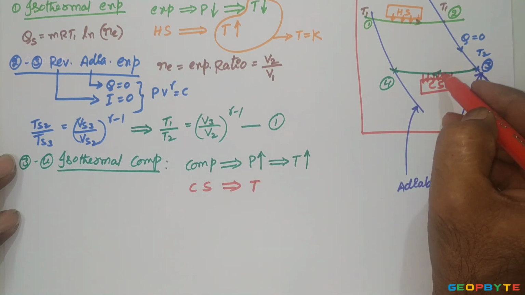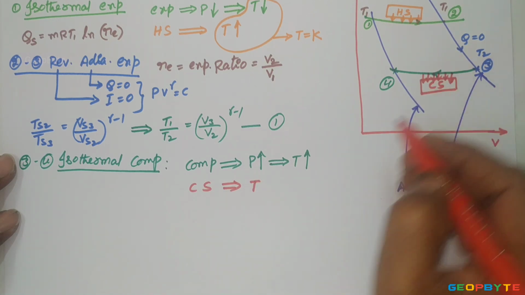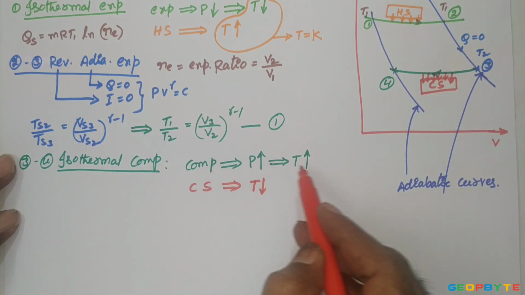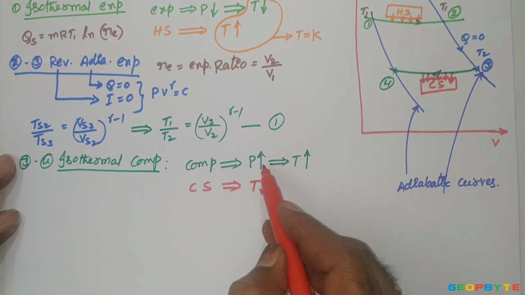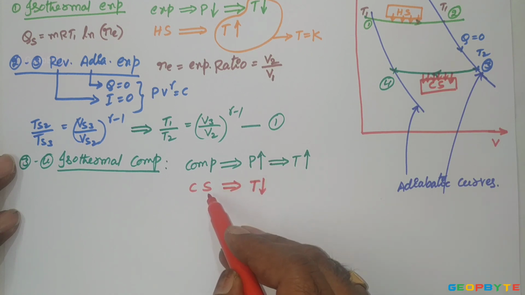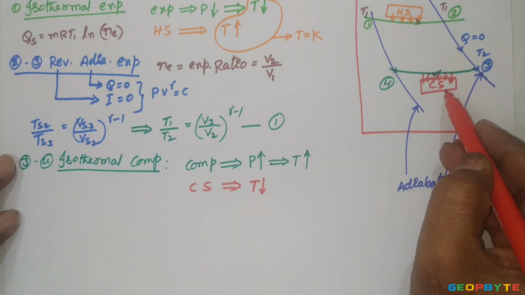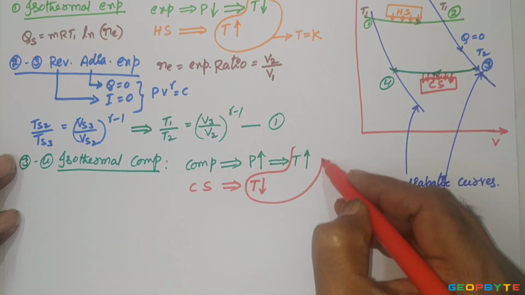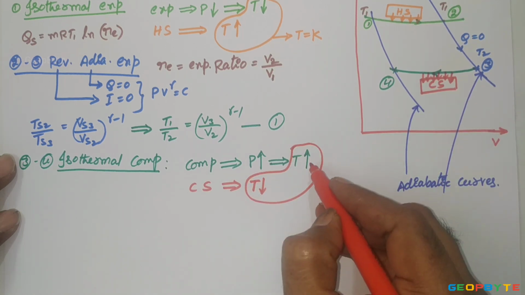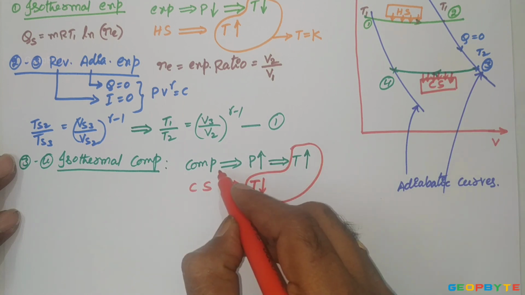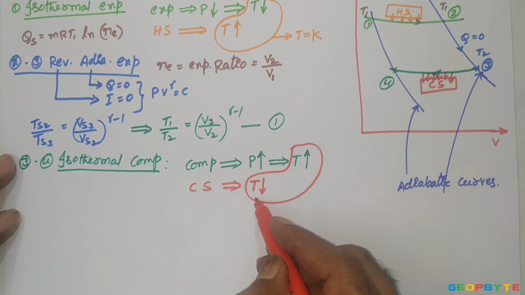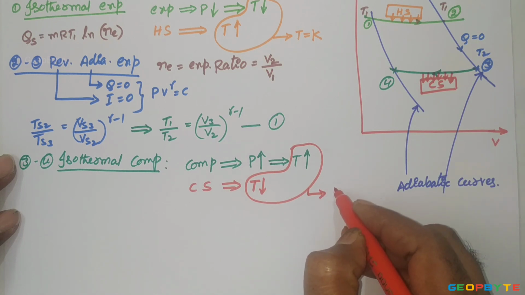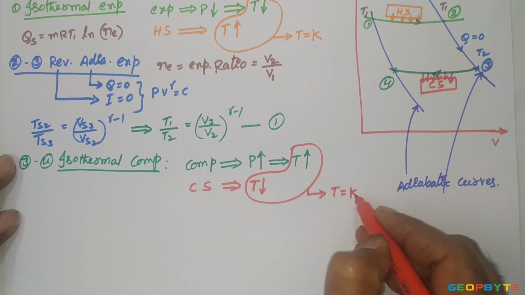Because of the heat transfer from gas to cold source, gas temperature decreases. So because of the compression, temperature increases along with pressure. But because of the cold source effect, the temperature of the gas decreases. The combined effect of increase in temperature due to compression and decrease in temperature due to cold source may maintain constant temperature.